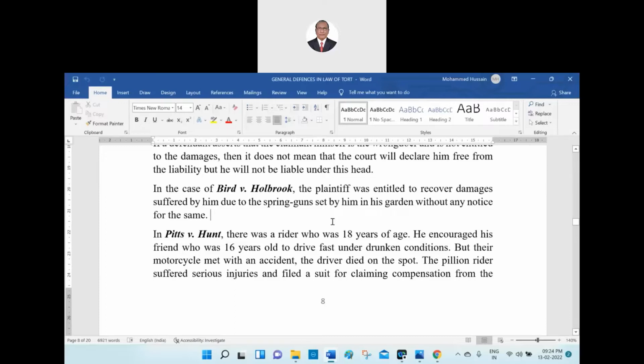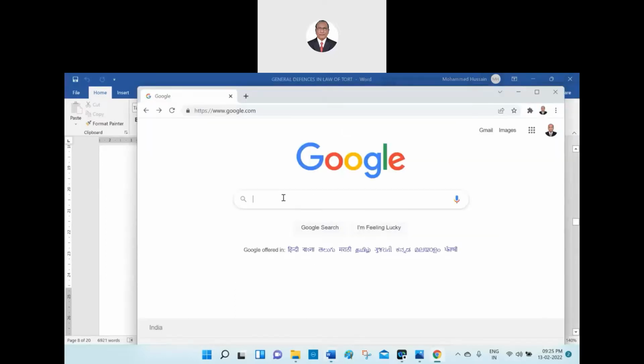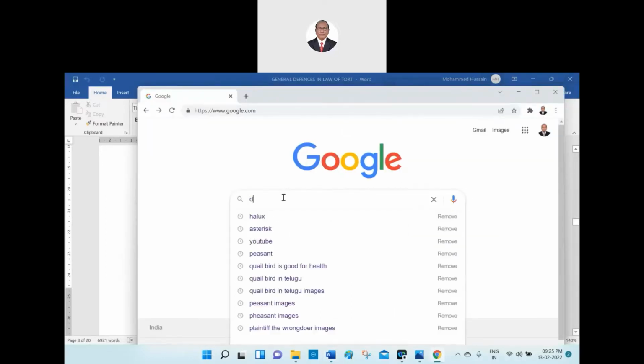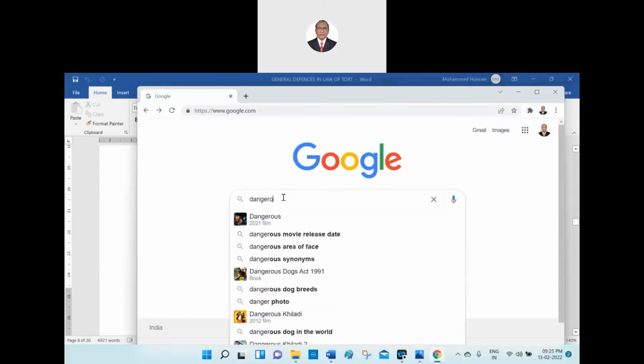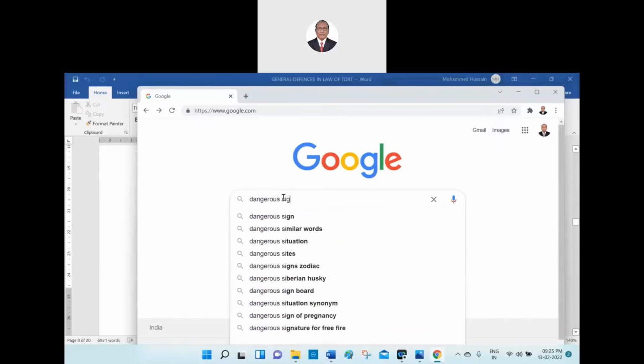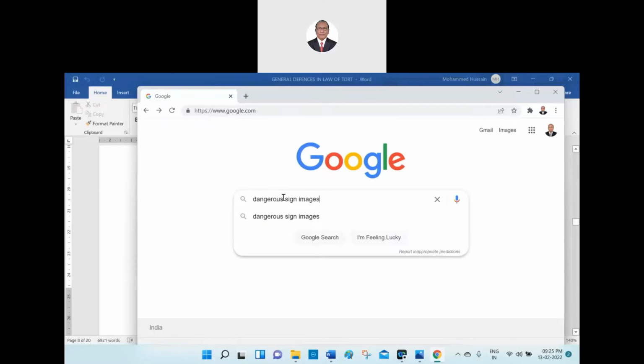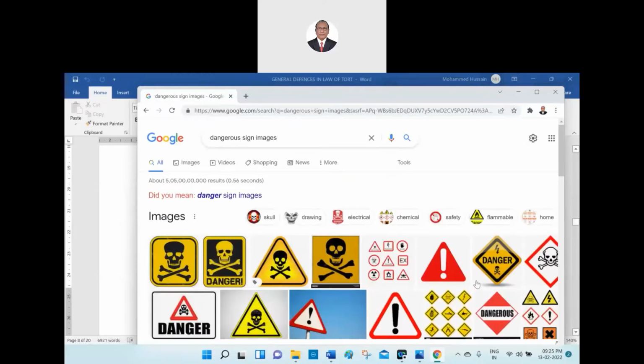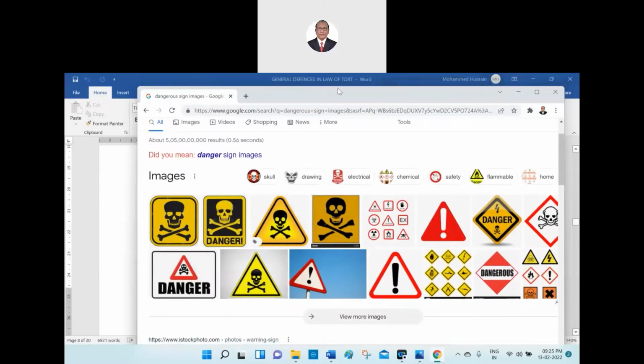Yes, sir. Danger sign. What is that? One skull, a dangerous sign. That is a symbol, that is a dangerous sign image. See, I'm showing a dangerous sign image. What did you observe? Yes, the first one, sir. What is the first one? The skull and two crossed bones. That is danger.